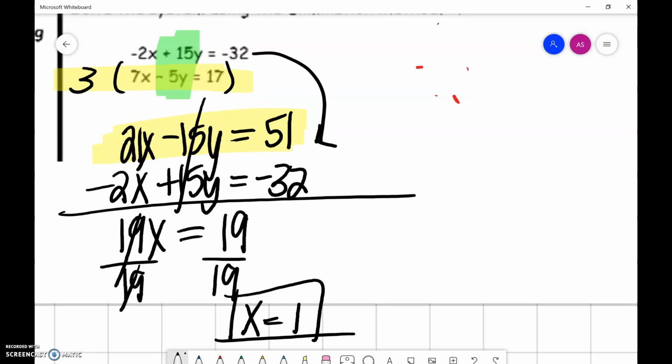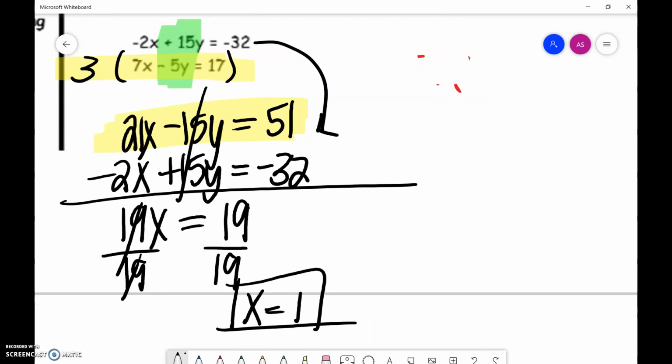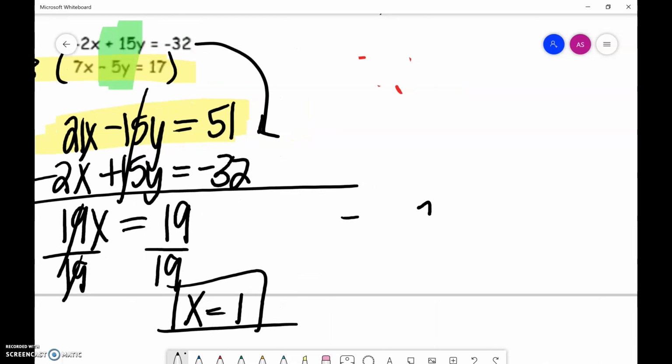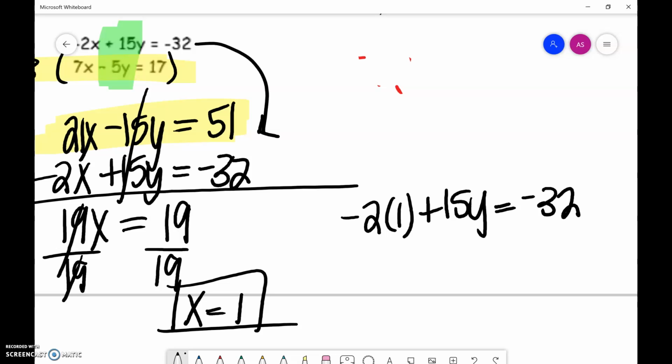Now that I have my x, I take one of my equations. Like I said, you can choose either one you want to. I'm going to plug in 1 for x. So I have 2 times 1 plus 15y equals negative 32. So 2 times 1 is 2, and I bring down everything else.